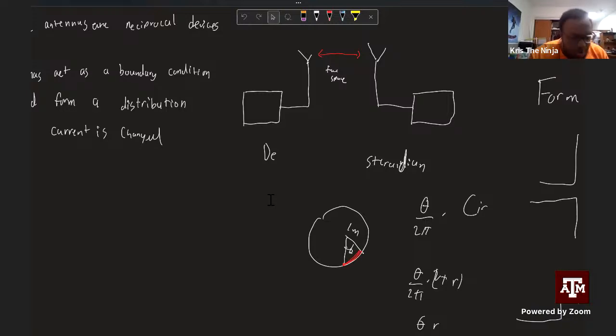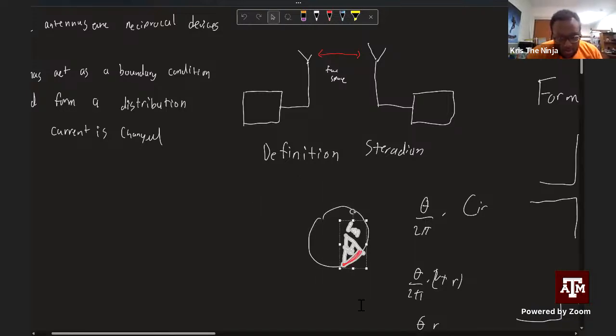So, how can I put this? Essentially, a steradian. I gotta go back to geometry, like how Eminem snaps back to reality. So snapping back to geometry, if you look here, you have a circle, and there's some angle, and you're trying to find that length right there.